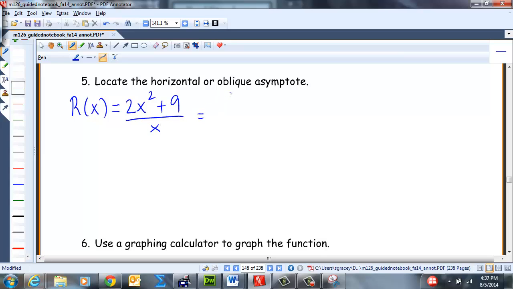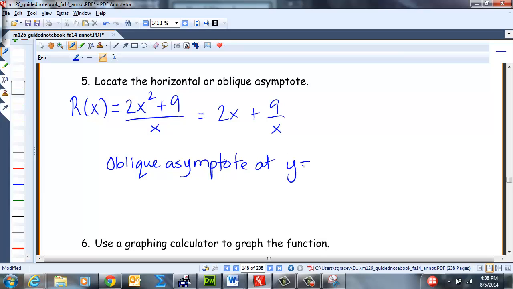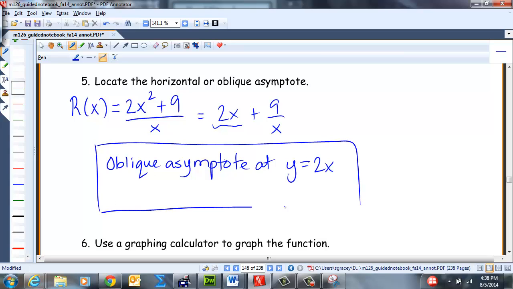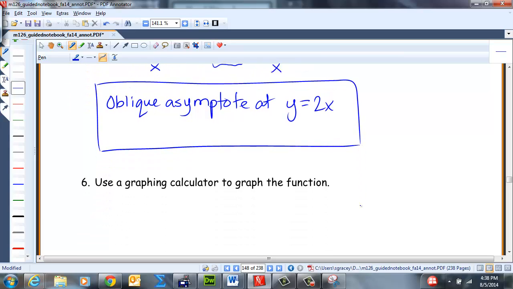But remember, it started out looking like this. So you don't even have to do any more. We end up getting an oblique asymptote at y equals 2x. It's this part of it. And so there will not be a horizontal since we have an oblique.